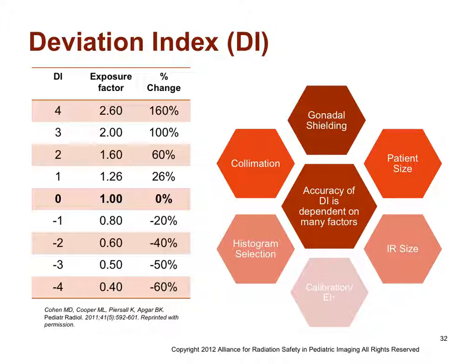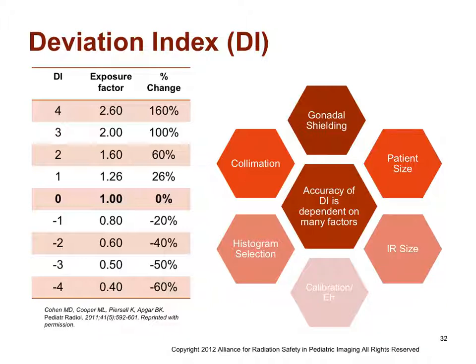So the accuracy of the deviation index does depend on certain factors. It depends, I'm going to say, most importantly on the accuracy of the physicists and their work to program in an appropriate EI sub t value, because that's what everything's going to be compared to. So there's going to be a lot of legwork to establish that database up front.